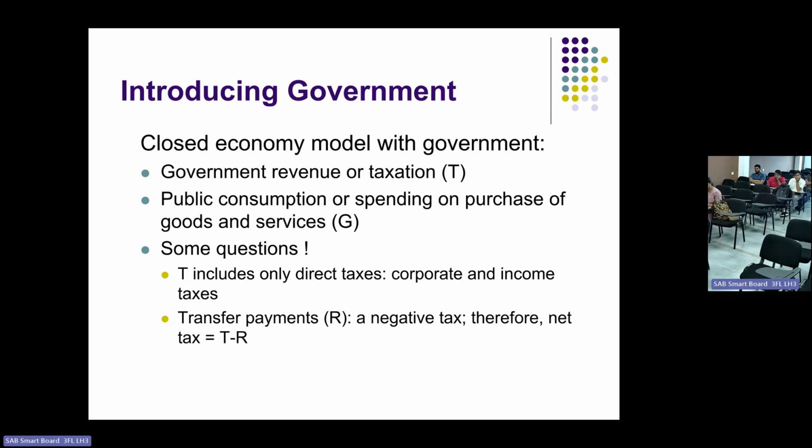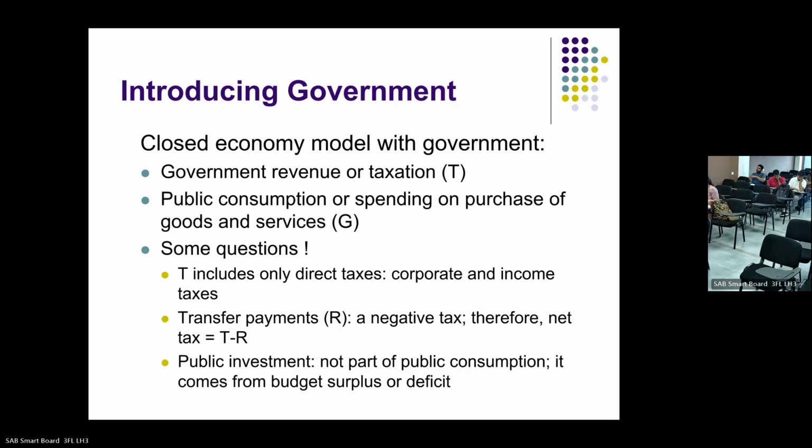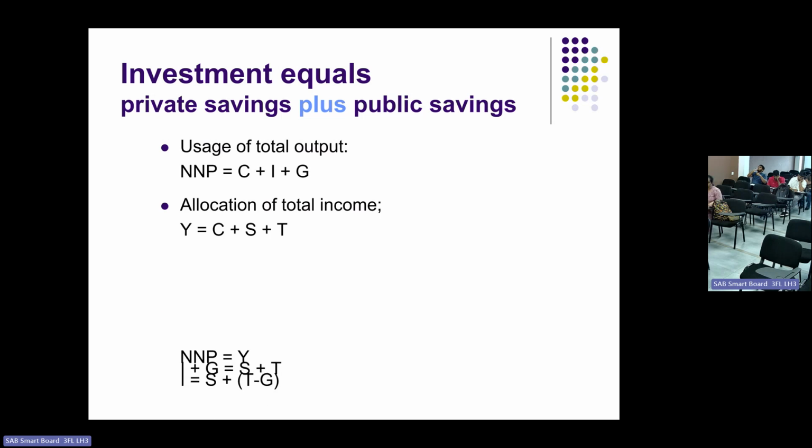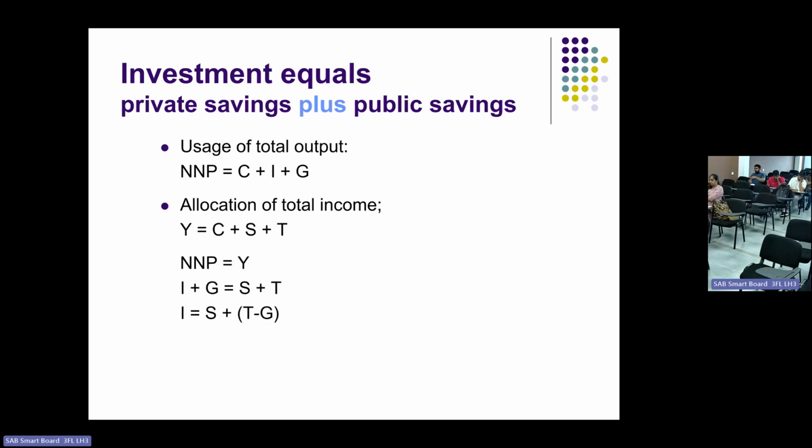You have to deduct the taxes and add the transfers. We take the net tax, T minus R. Then we take the form, and the injections are approved with the government.